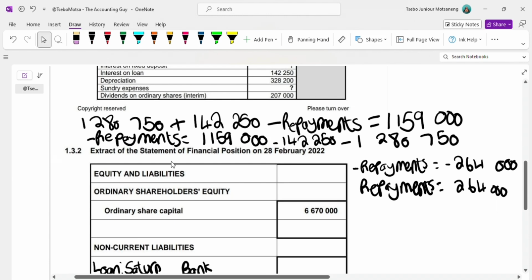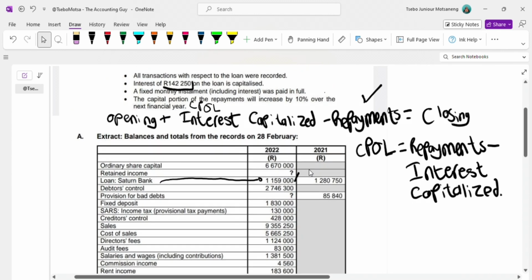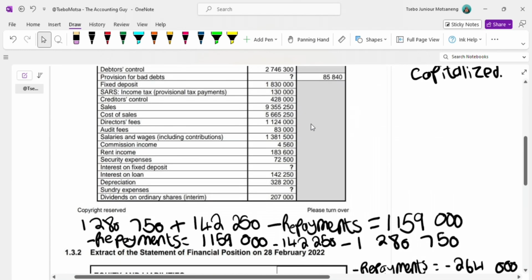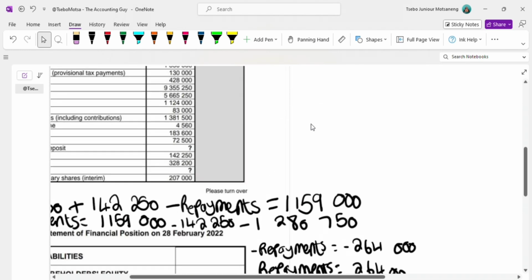Now I have my repayments. From repayments, I can now get my current portion on loan. But also take note that the capital portion of the repayments will increase by 10% over the next financial year. And as I said, the current liability part of the loan is what we have to repay over the next 12 months. So I'll make a calculation.